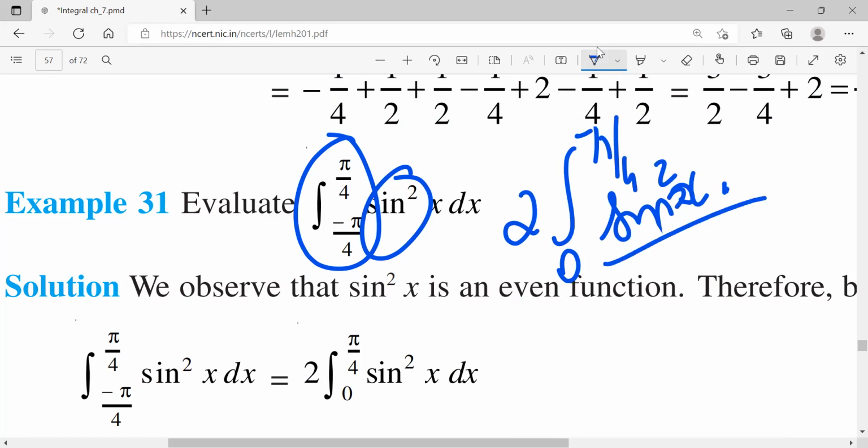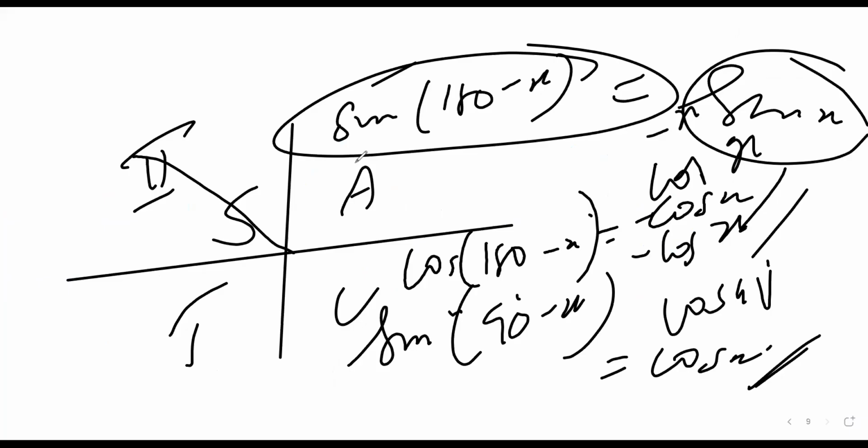Now what is my sin square x? We know that 1 minus cos 2x is what? 2 sine square x.